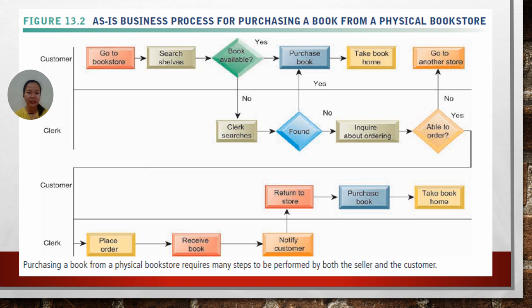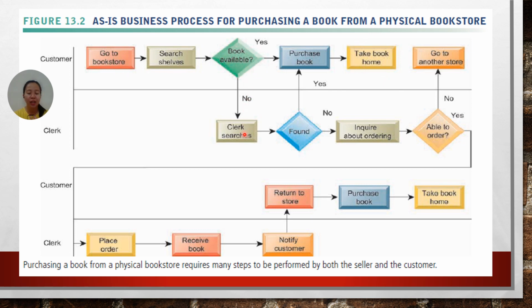So here is an example of a process of purchasing a book from a physical bookstore. So si customer nagpunta sa bookstore, nag-search siya sa shelves, and then kung available yung book, nag-purchase na siya ng book and then take book home, and yun na. So tapos na yung process nung pagbili niya.